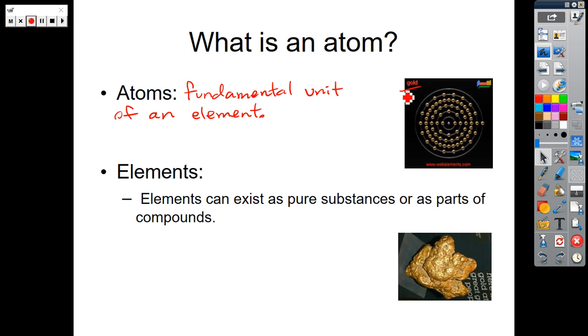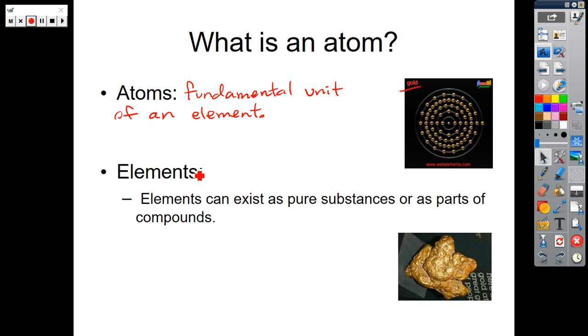So, if I've got a gold atom, then the smallest piece of gold that I could have that would still technically be gold would be a gold atom. Now, there are parts of atoms, and if you start breaking this down even further, then you might not have gold anymore. But the smallest fundamental unit of an element is an atom.